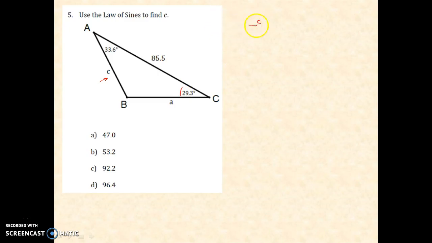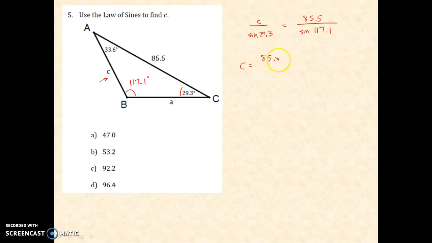So C over sine of 29.3 degrees equals side length B over sine of this angle, which we figured out a minute ago was 117.1 degrees. So 85.5 over sine of 117.1 degrees. Then to solve for C, we're just going to multiply both sides by sine of 29.3.